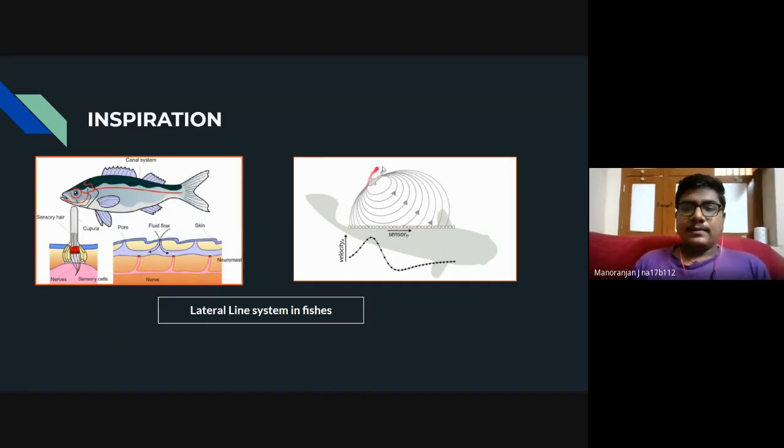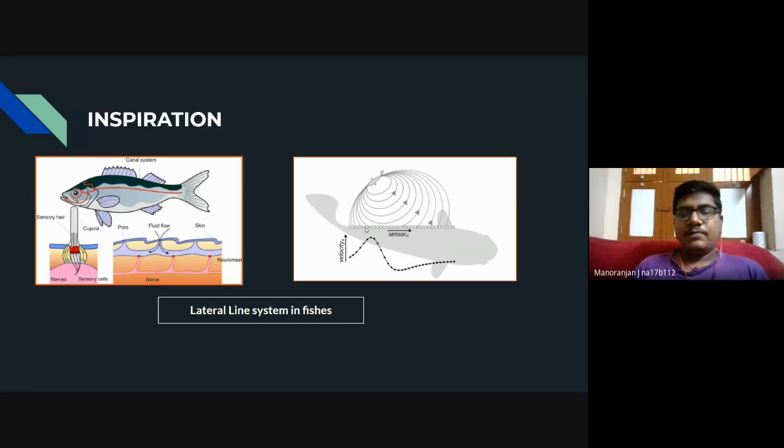So when it's trying to hunt and there is a small fish going behind it, then by the lateral line, it can sense where that prey is with respect to it, and then it can go and attack it.